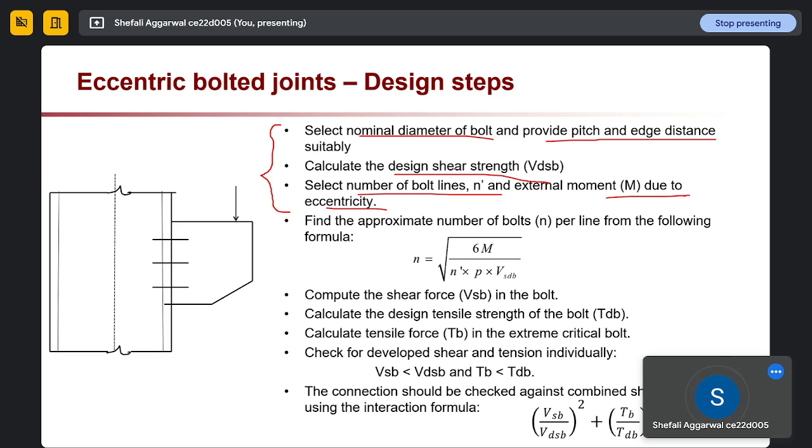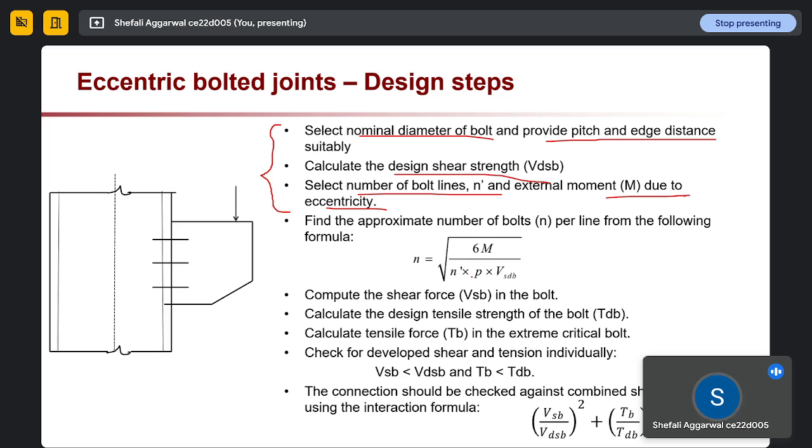At least something will be given to you in the question. So from these values, you can calculate the number of bolts per line, right? 6M divided by n dash into p into Vsdv. So n is the number of bolt lines, p is our pitch, V is our shear strength, and M is our moment. So from there, you can calculate the number of bolts in one line.